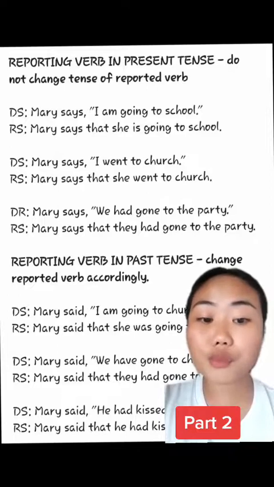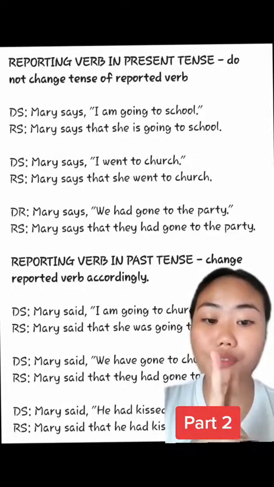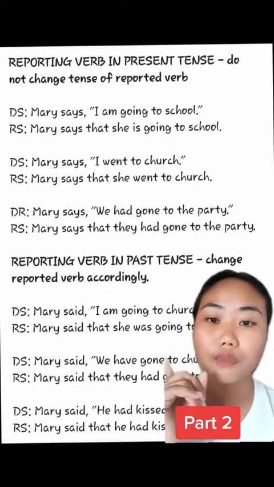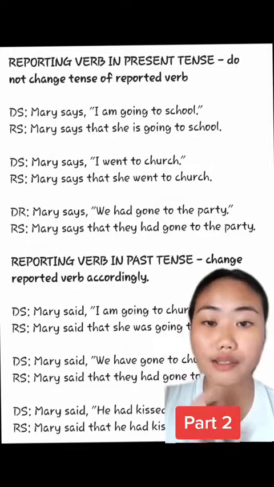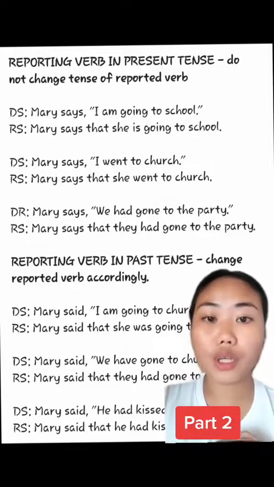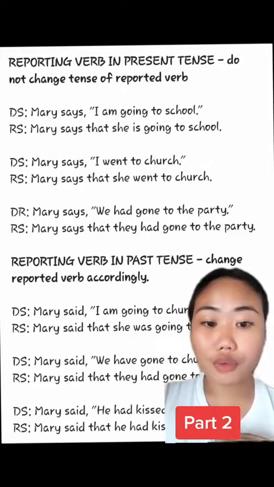And as mentioned previously, we have two verbs in our direct speech and reported speech. For example, number 1, we have Mary says, "I am going to school." Says there is your reporting verb and it is in the present tense. "I am going to school" is your quoted or the original words of Mary, and am going there is your reported verb and it is in the present tense.